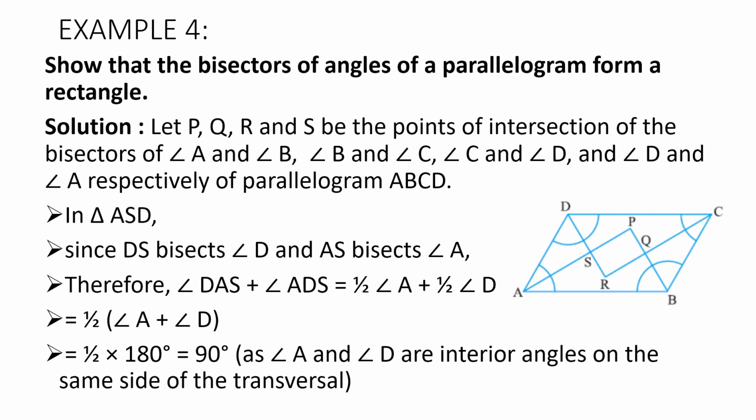Hence half of 180 degrees is 90 degrees. So we have shown angle DAS plus angle ADS is equal to 90 degrees.